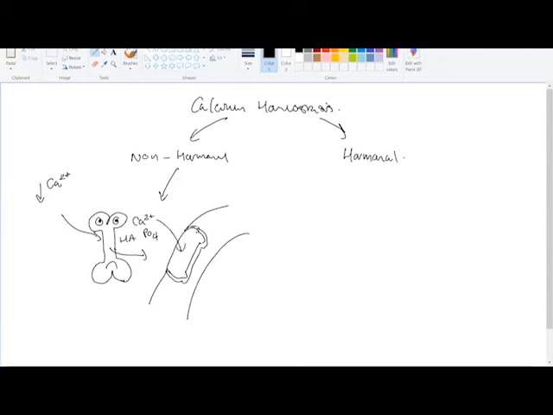So it'll go in there, like that, and it will be carried away, which will then, rather than having a fall in serum calcium, have an increase in serum calcium, which will make the serum calcium somewhere back to within its set point of 2 to 2.5 millimoles per litre. So that is the quick response.